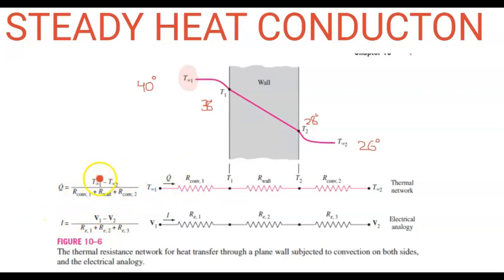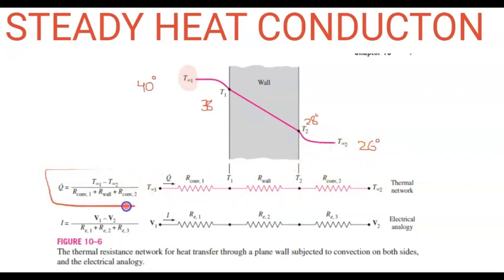But if you have a look here, I assume R convection is happening from T infinity 1 to T1, and from T1 to T2 is the R of the wall, and then convection again is happening from T2 to T infinity 2.